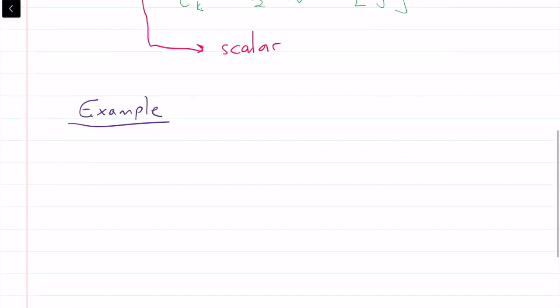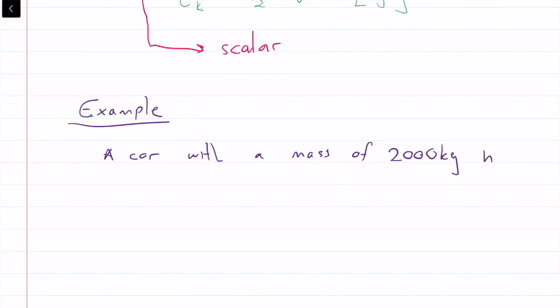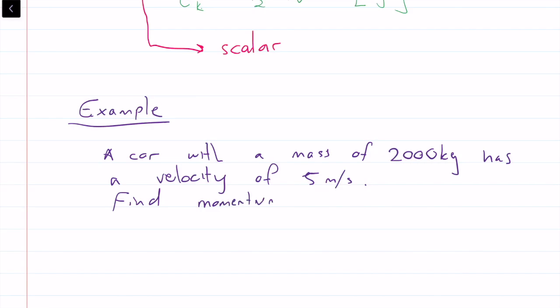Let's say we have a car with a mass of 2,000 kilograms, has a velocity of 5 meters per second. First we want to find momentum and find the kinetic energy.